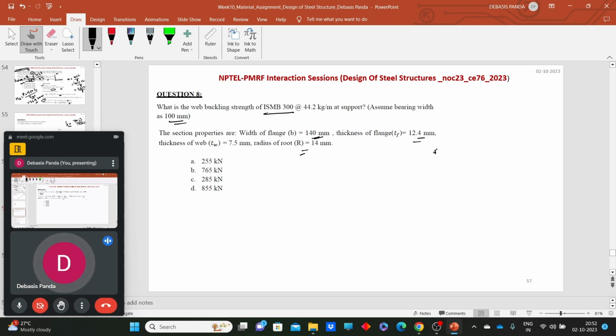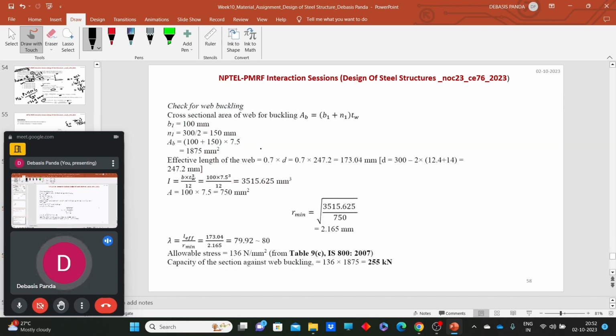Now we need to check the web buckling strength. How can we calculate it? First we need to calculate the value of Ab. The web buckling strength is nothing but the value of Ab multiplied by the value of Fcd, because the web will act like a column.